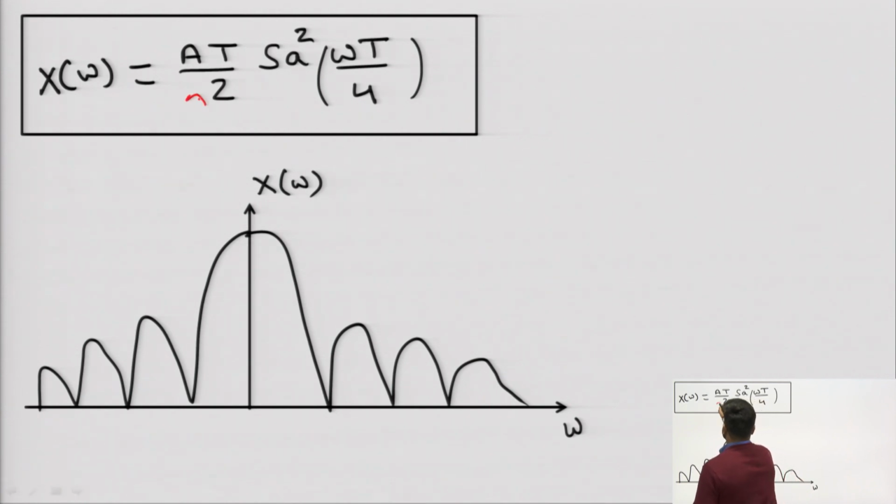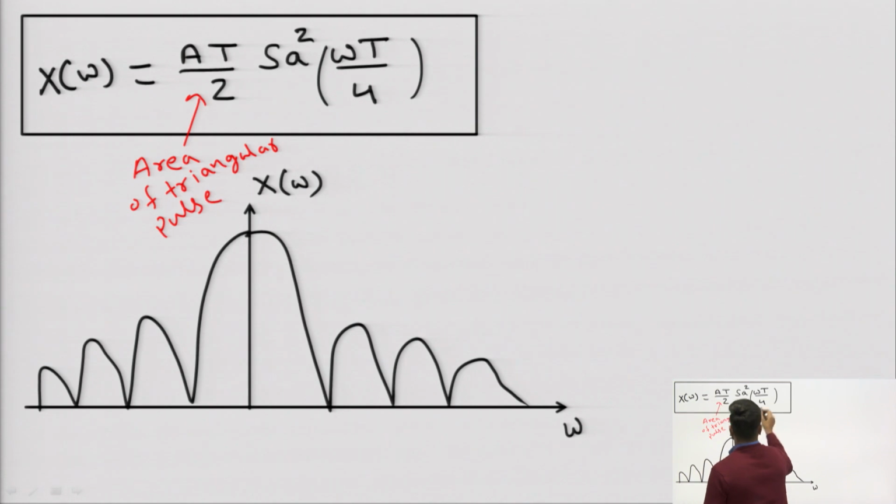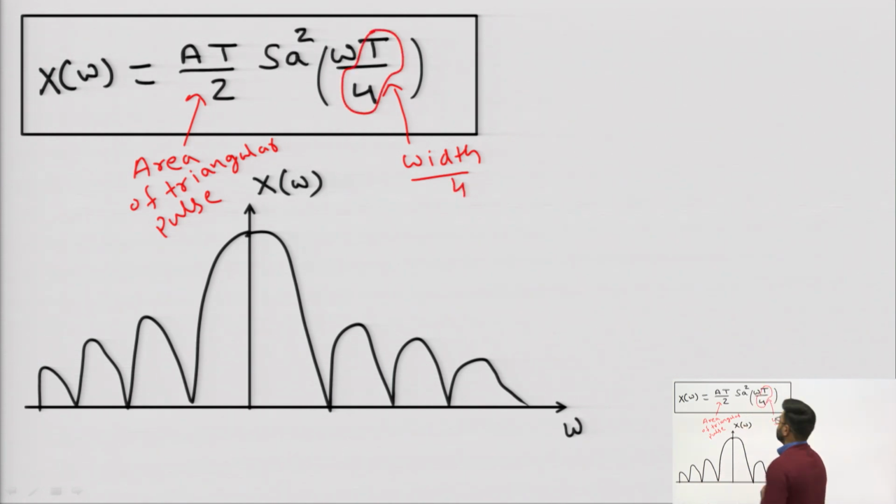Again this is the area of triangular pulse, and this one is width by 4 of triangular pulse.